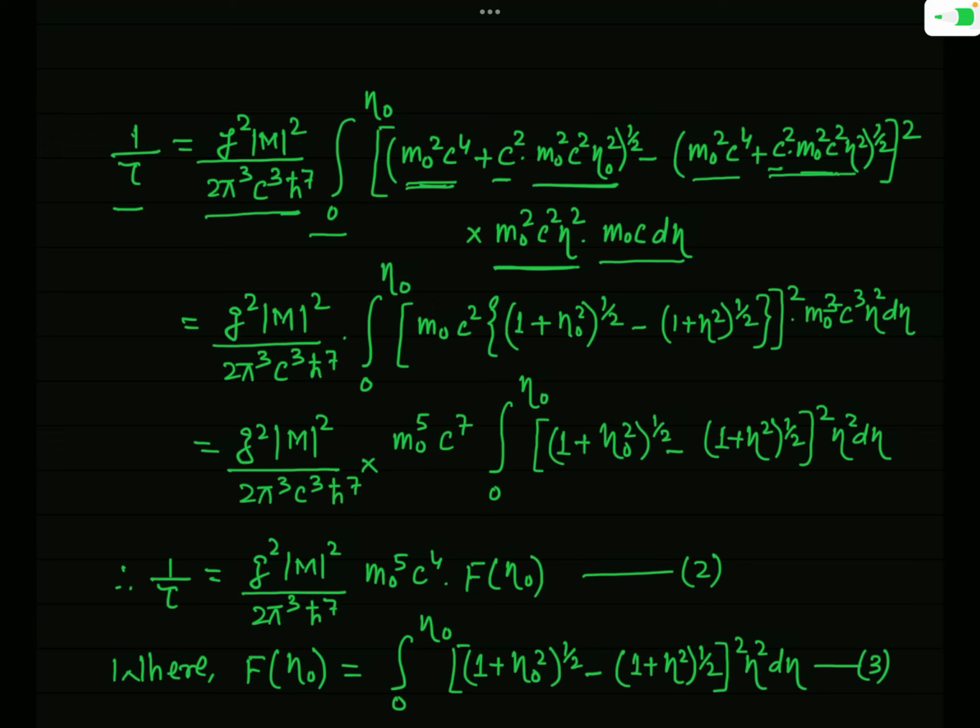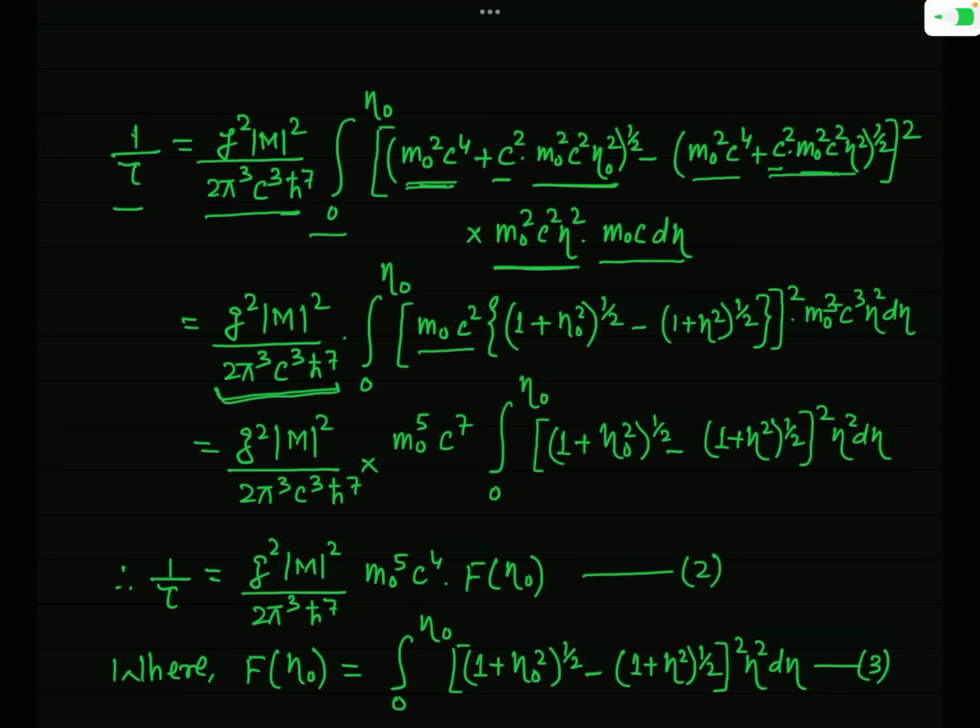The factor outside of the integral remains the same, and inside the integral we take m naught square c4 as a common factor. Since this is inside the square root, when you take it out, its square root will be m naught c square.